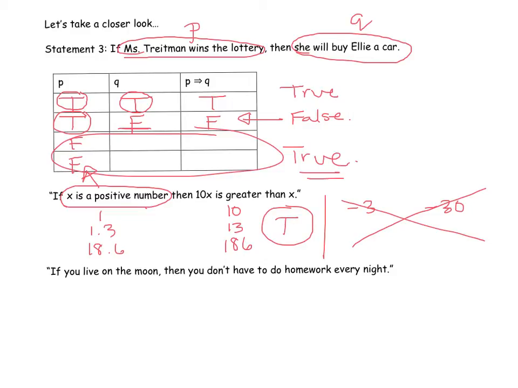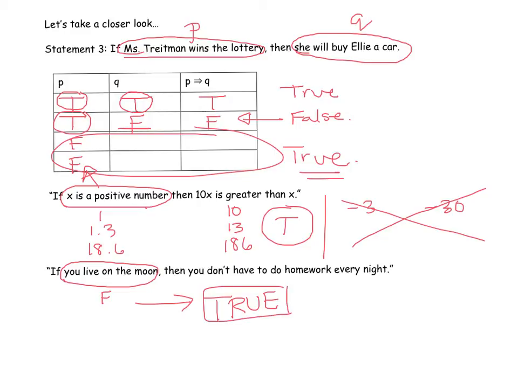And in this next scenario, again, if you live on the moon, we would have to meet this hypothesis before we even worry about the conclusion. Well, you don't live on the moon. So since this is false, it makes the statement true again.